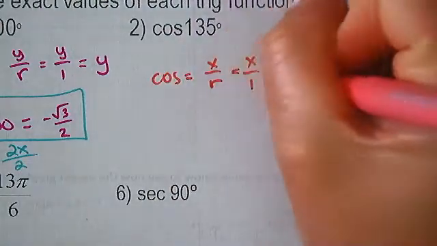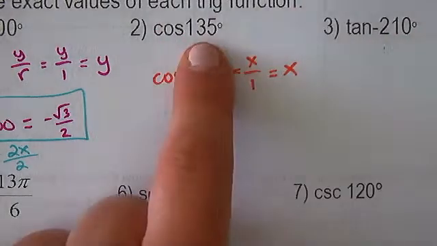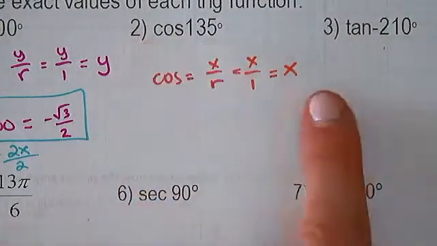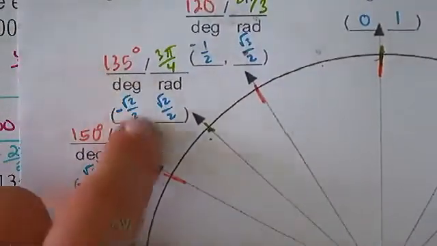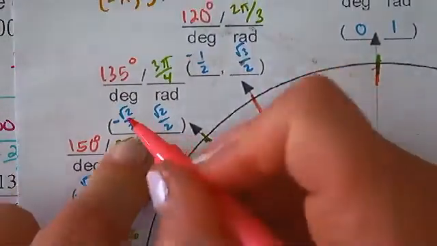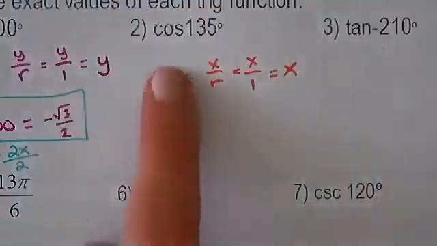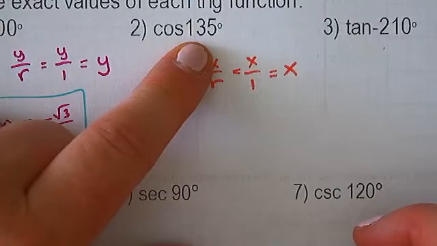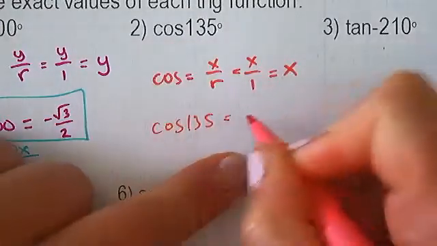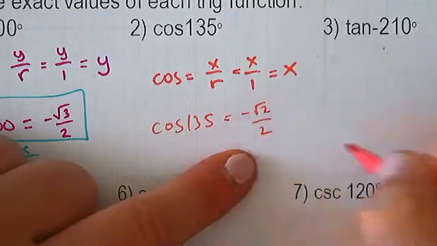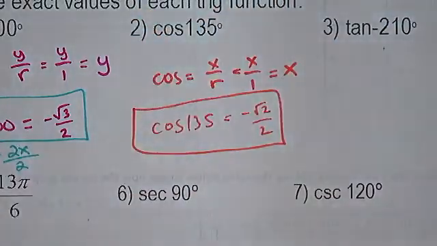So that's x over 1, which is just x. So at 135 degrees, to find the value of cosine, you just need the x value. So here's 135. Here's the coordinate point, and what's the x value? Negative root 2 over 2. So can you guess what cosine of 135 equals without using a calculator? Negative root 2 over 2. Okay.